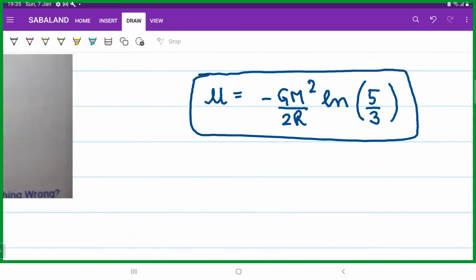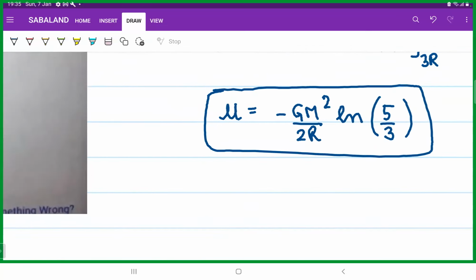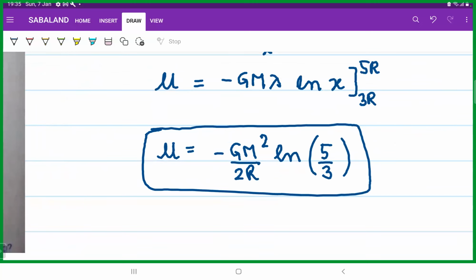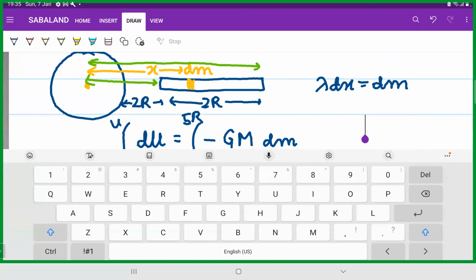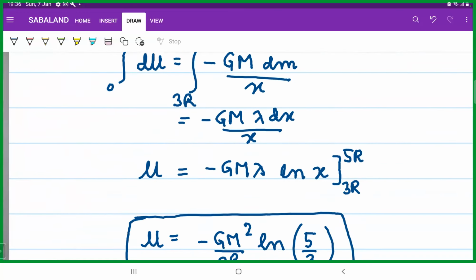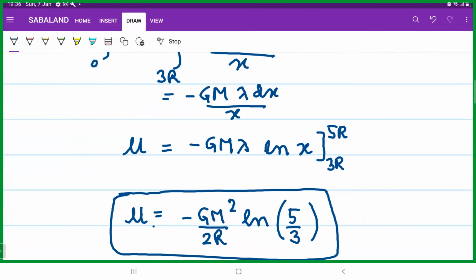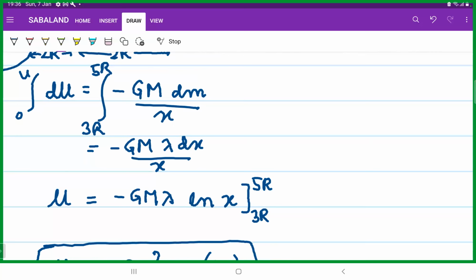Now we will find the potential energy at the time when this rod has collided with this sphere. This is the initial U. In the final U, nothing will be different except for these limits. These limits will be 3r and the lower limit will be r. Why?